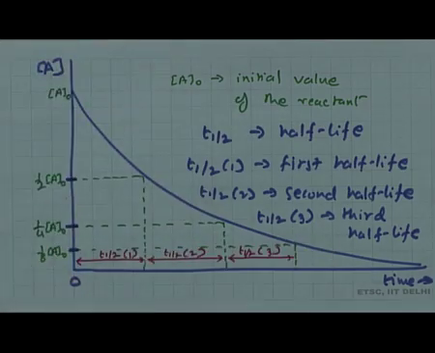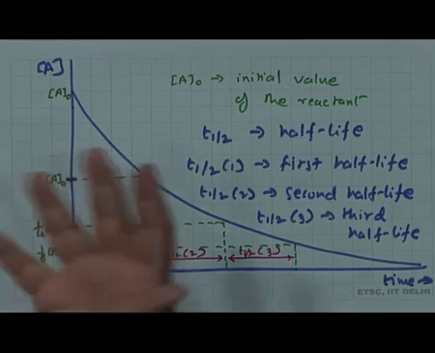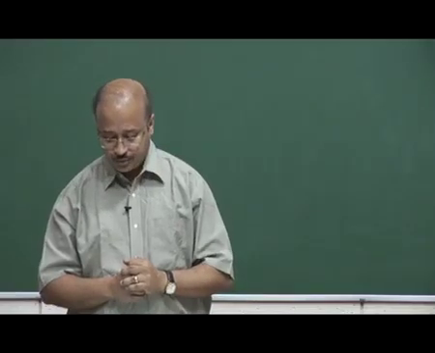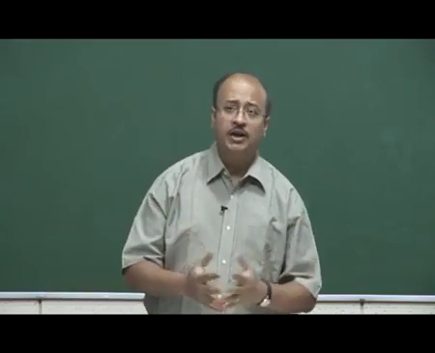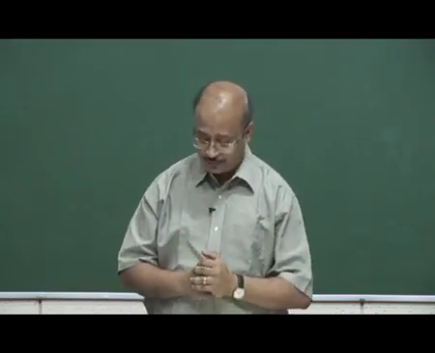Generally, when we say half life, we always mean the first half life, unless and until it is specifically mentioned to you to go for the subsequent, say the second half life or the third half life and so on. The first half life is the one we generally consider, and that is what we will mostly focus on. And when I say half life, that is typically what I mean, the first half life, right.